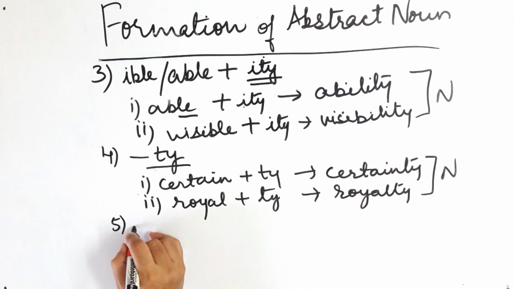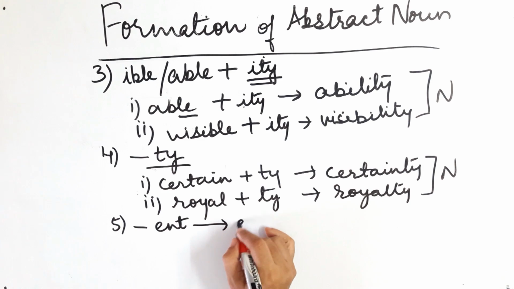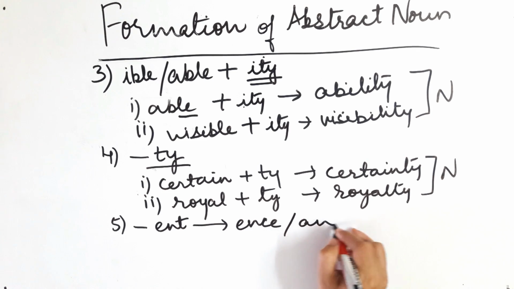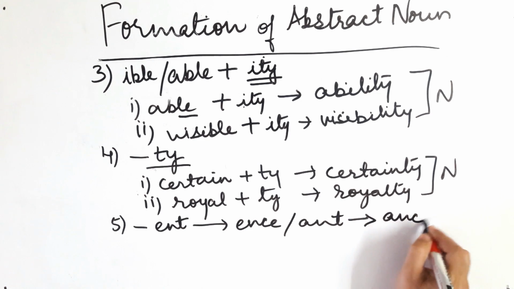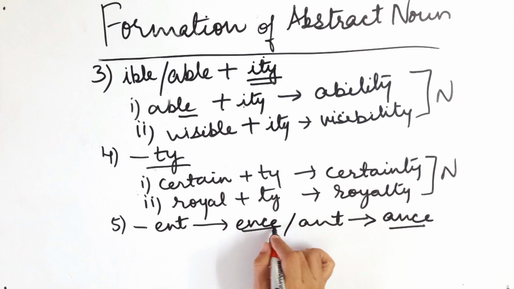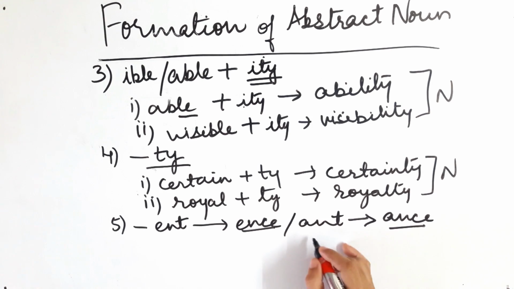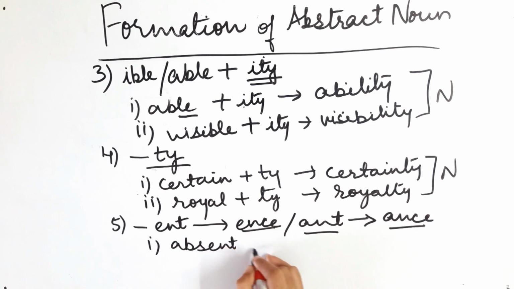I have yet another way of changing adjectives into nouns. If the word ends with ENT, then it is changed to a noun by adding ENCE, or else if the word ends with ANT, then it is changed to a noun by adding ANCE. So we have two options, either to use ENCE in case of ENT or to use ANCE in case of ANT. Now a word I have in this category is absent. Here we can very well see ENT.